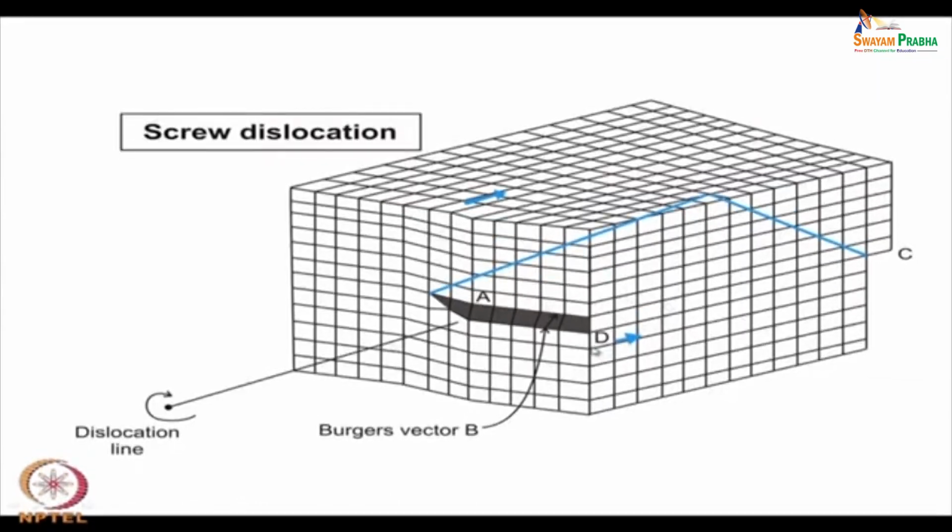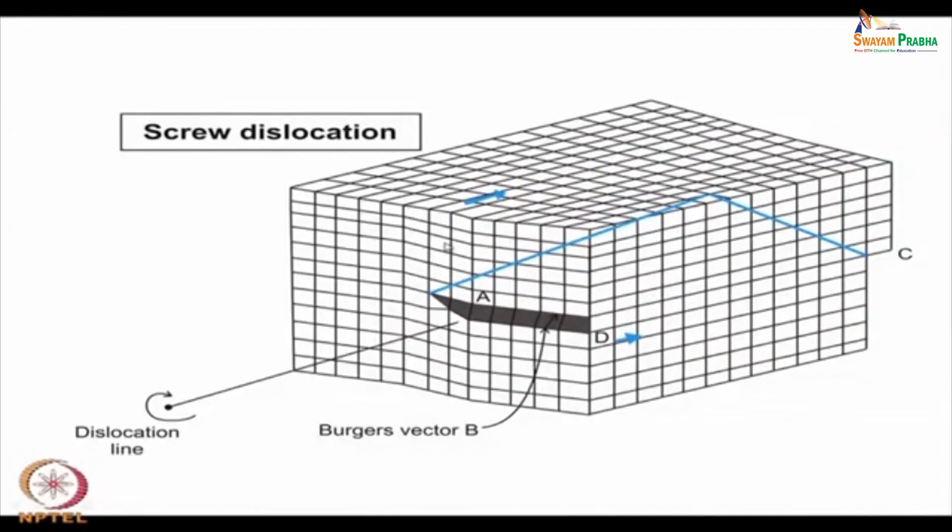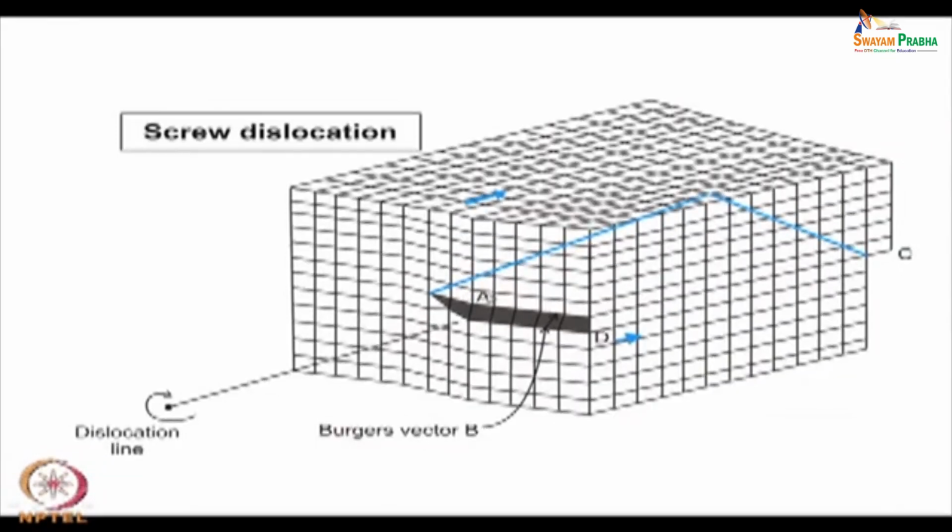This is the direction, that means the top part is being pushed in the right direction and the bottom part is being pushed in the left direction, but there is a slight difference between the earlier diagram and this diagram.